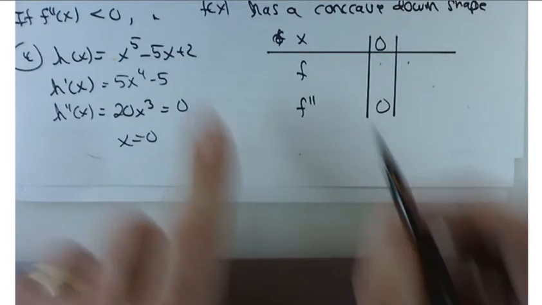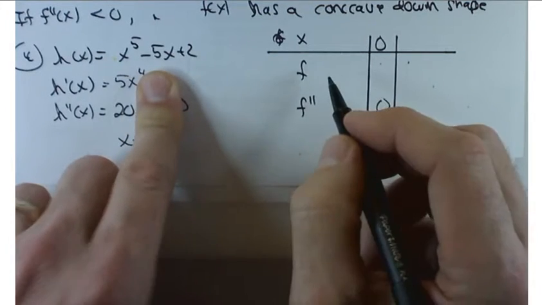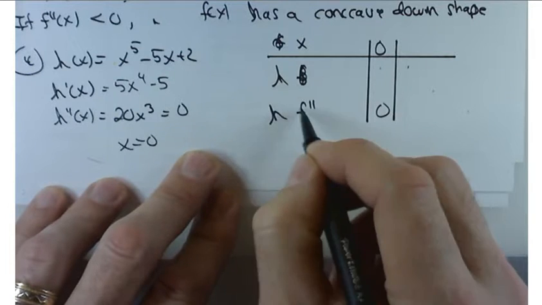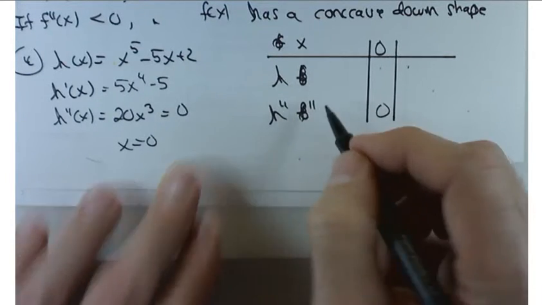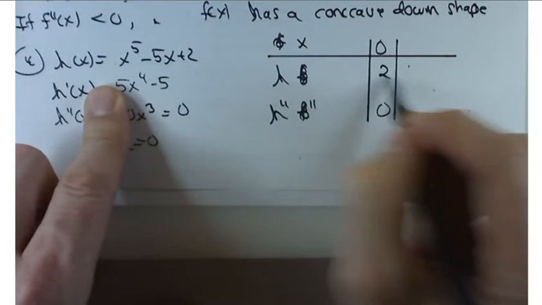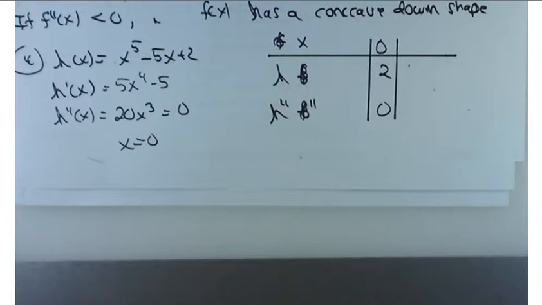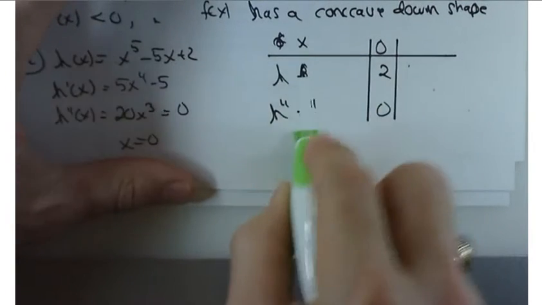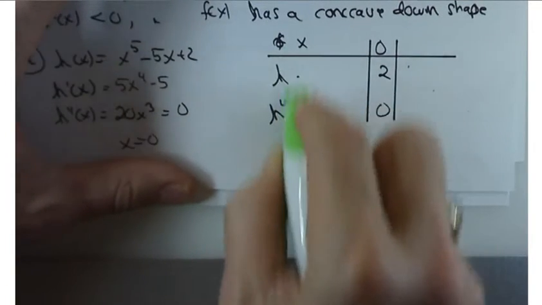I shouldn't be putting an f, I should probably put an h here. h double prime. But at h of 0, the function is at 2. When we start graphing these things, that'll be more important to keep track of. But for now, I want to do some testing.